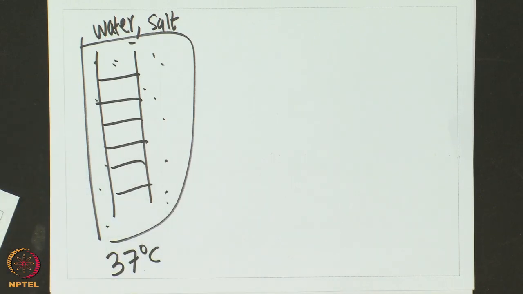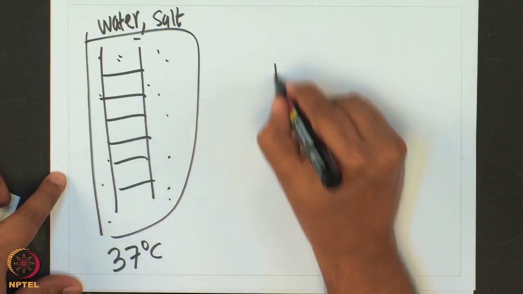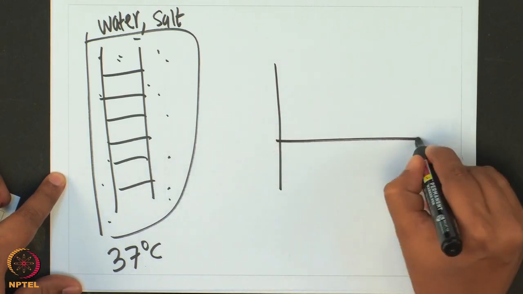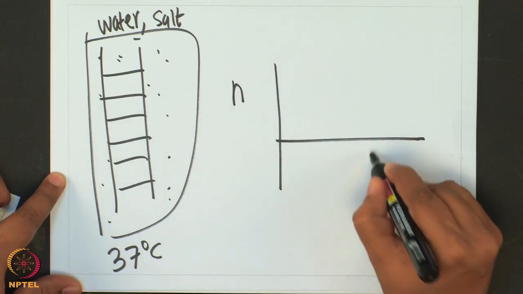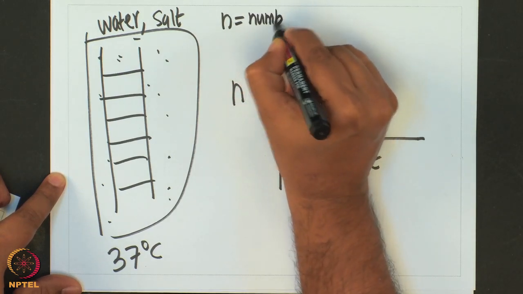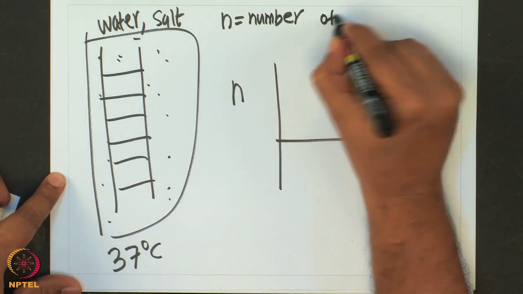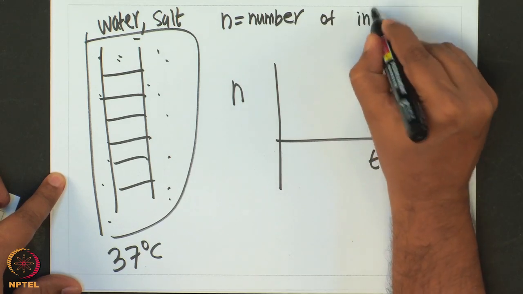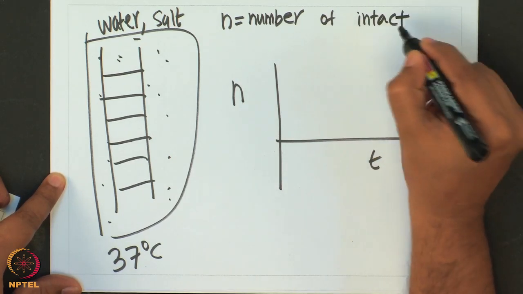And then we will plot n as a function of t, where n is the number of intact bonds as opposed to the broken.